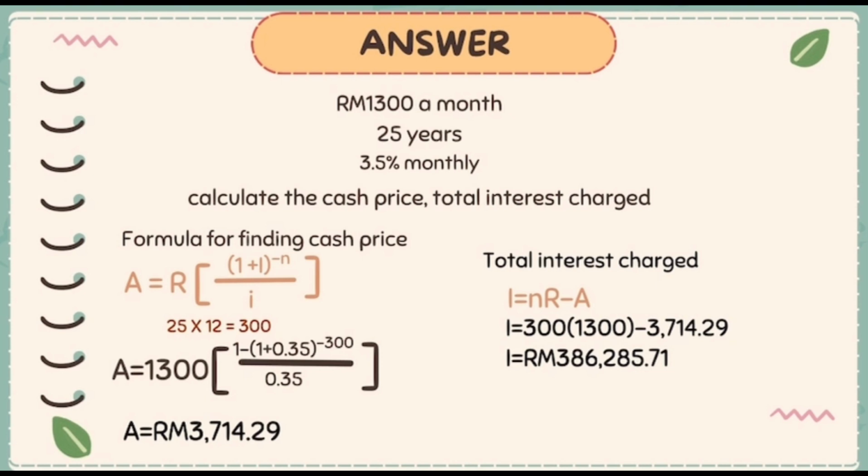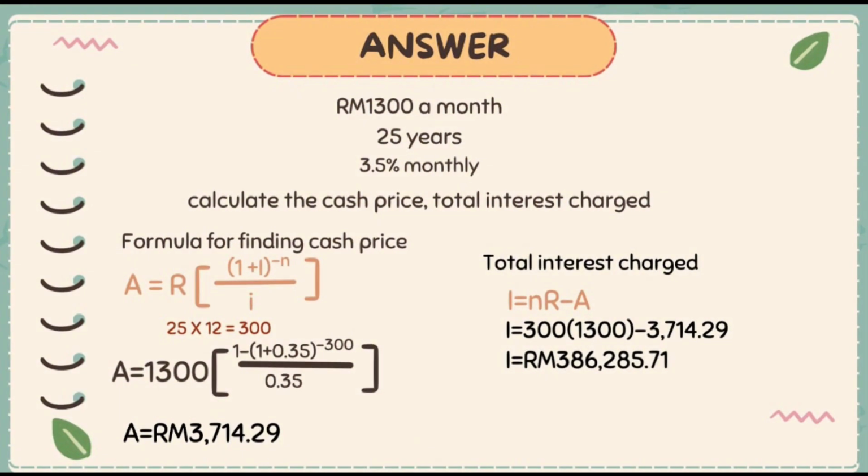The cash price formula is A equals R open bracket 1 minus (1 plus i) to the negative n over i close bracket. So basically, we need to find the A. First, we change the R to 1,300 and then change all the formula into numbers.